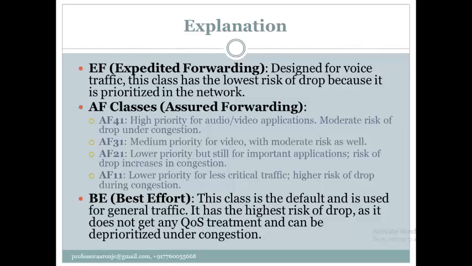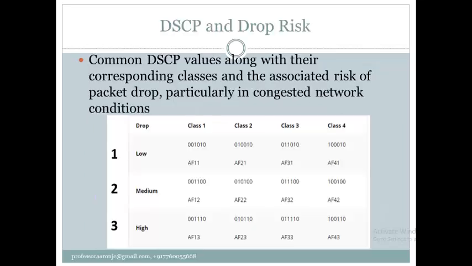And this is the important page which I would like to explain to you. You see these classes, we already saw classes like AF11, 21, 31, and 41. When there is congestion, AF11 gets dropped, not the 21.